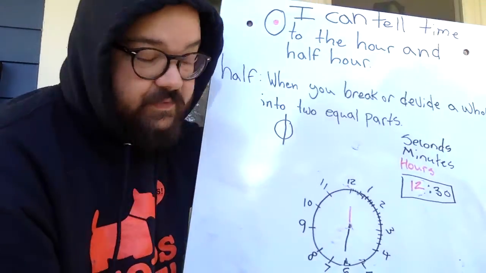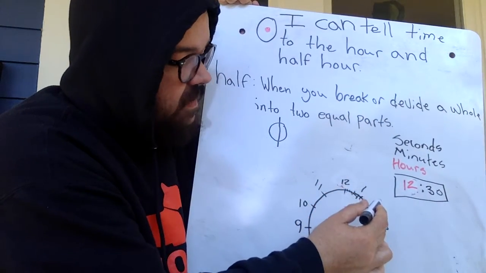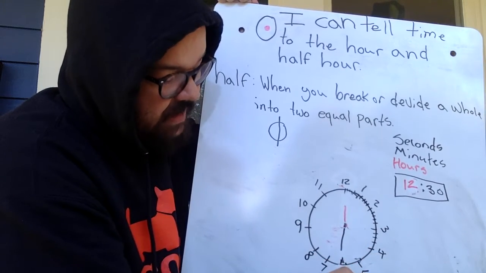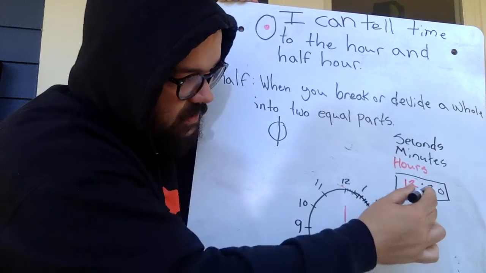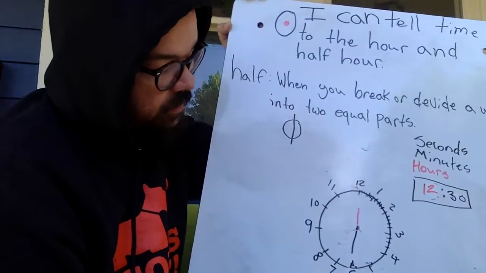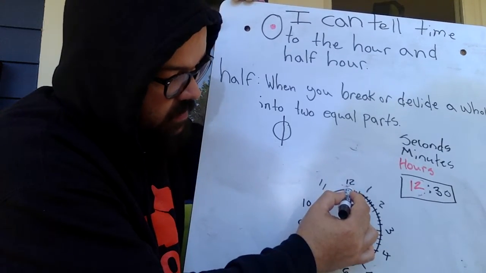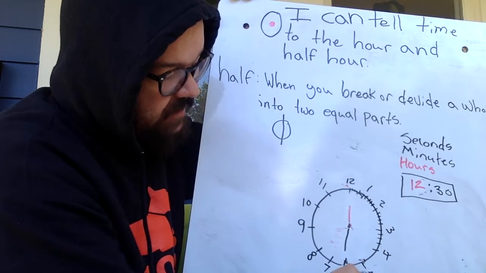So if we count by fives, count with me, ready? 5, 10, 15, 20, 25, 30. Look there. So when we're counting the minutes, we count these numbers by 5. So we've got 0, 5, 10, 15, 20, 25, 30.